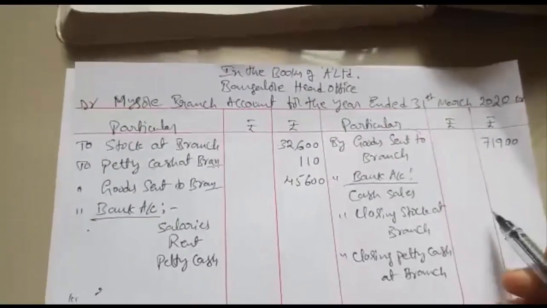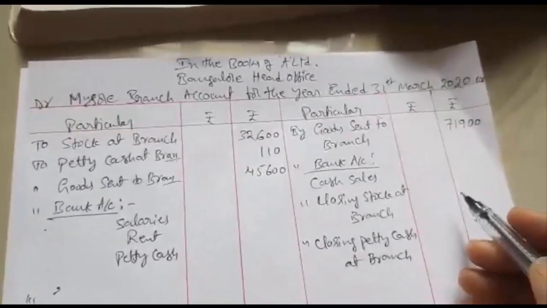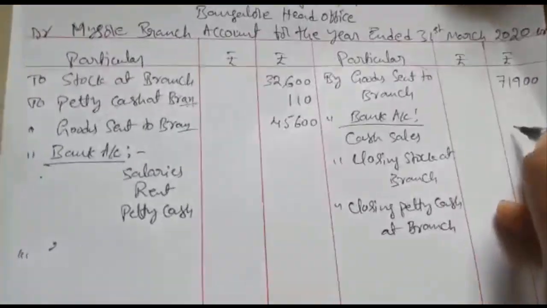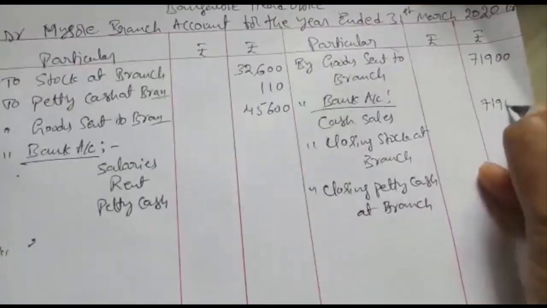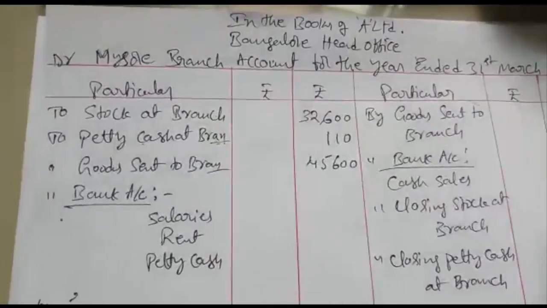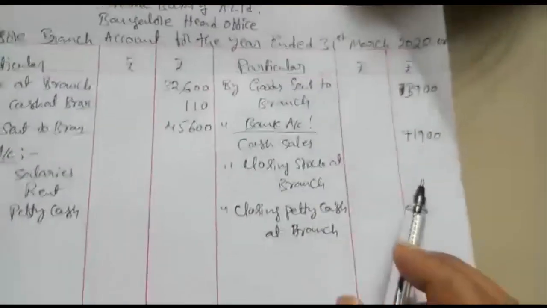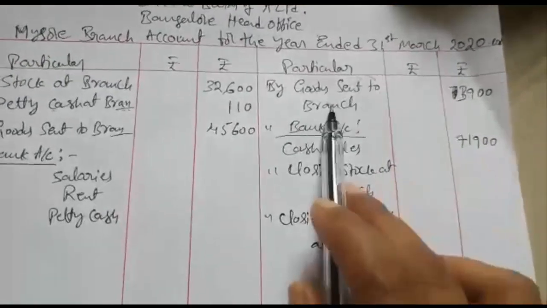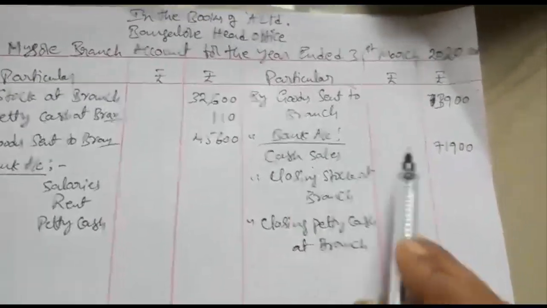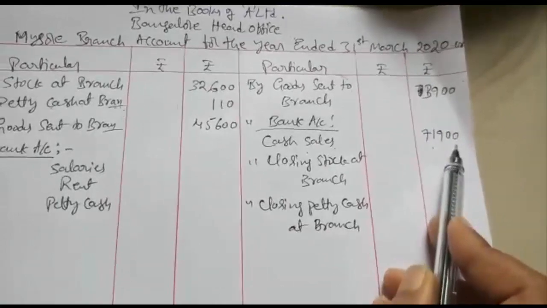How much cash sales? Cash sales is 71,900 rupees. 3,900 rupees is goods returned.